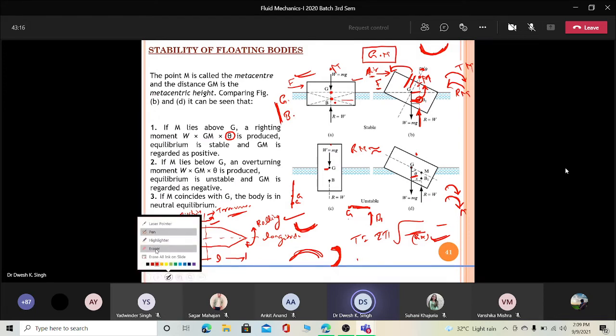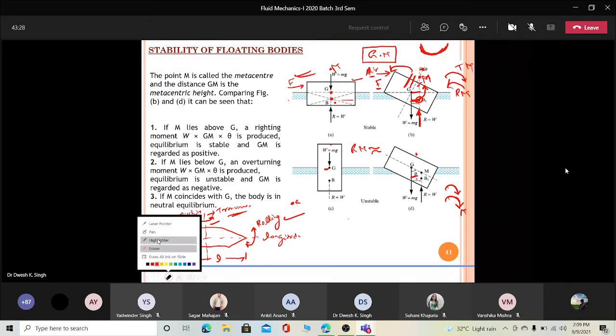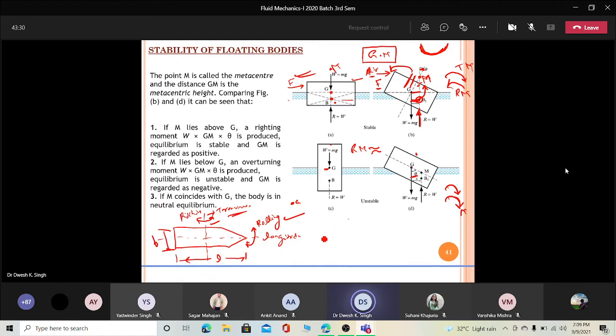If I asked, okay, now what is the moment of inertia about the axis? Who will answer?